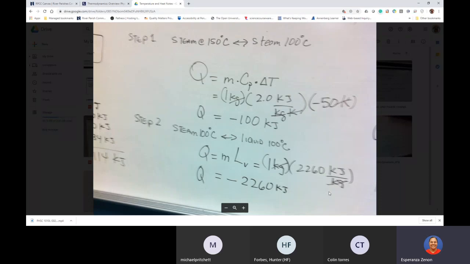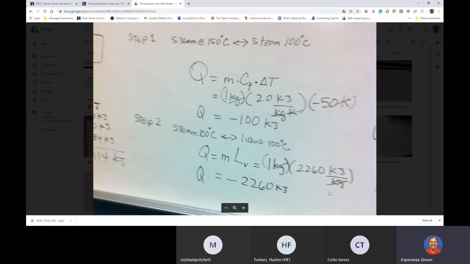If we want to take our 150 degrees Celsius steam and eventually convert it to ice at 0 degrees Celsius, we have to undergo quite a few different transitions. First of all, we're changing the temperature from 150 degrees Celsius down to 0 degrees Celsius. But we are also changing the phase from steam all the way down to ice. We can't do all of that in one step.